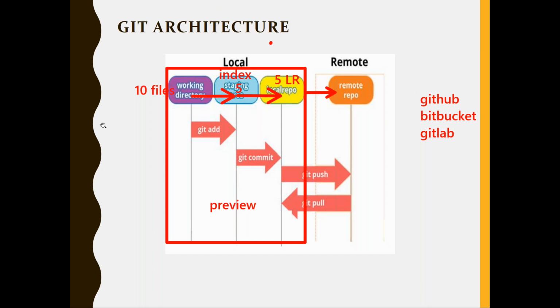Now let me tell you a few important things. We were talking about the local repository. How to create this local repository? There are two use cases. One use case is that you joined the team today, you joined the project today, and there is already a remote repository.